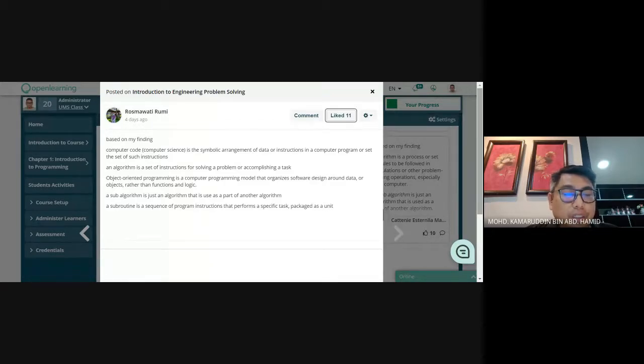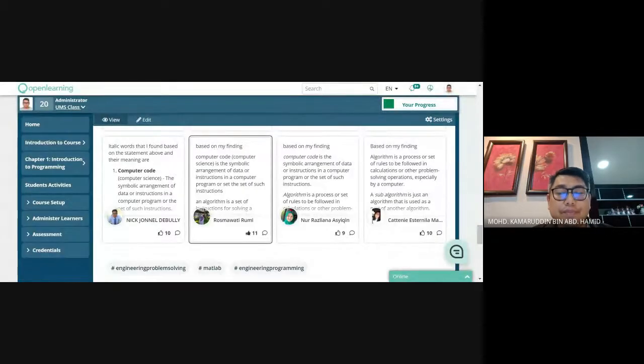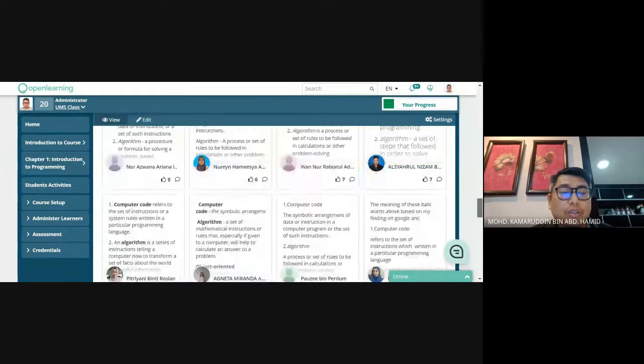Object-oriented program is a computer programming model that organizes software design around data or object rather than function and logic. Okay. A sub-algorithm is just an algorithm that is used as a part of another algorithm, and a subroutine is a sequence of program instructions that perform a specific task packaged as a unit. All right. Thank you.